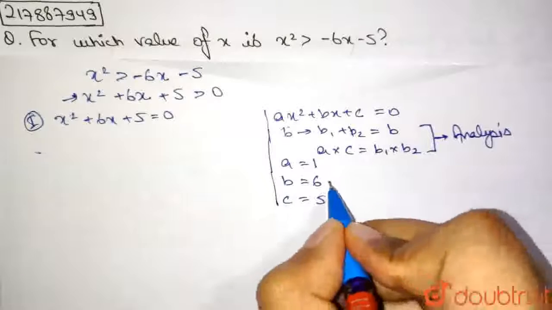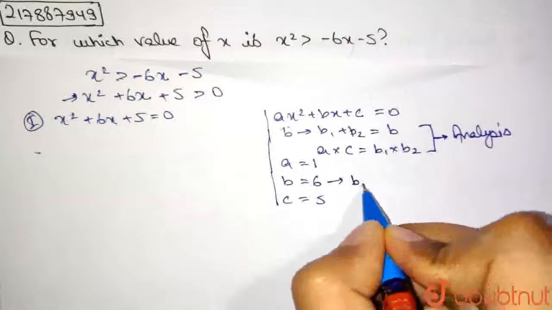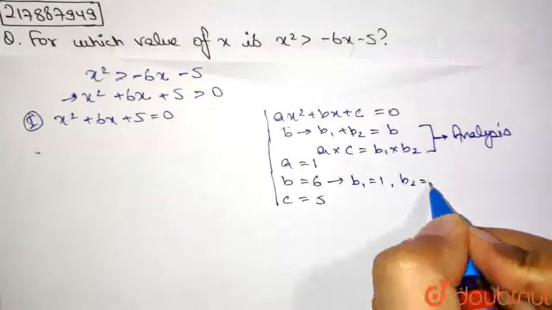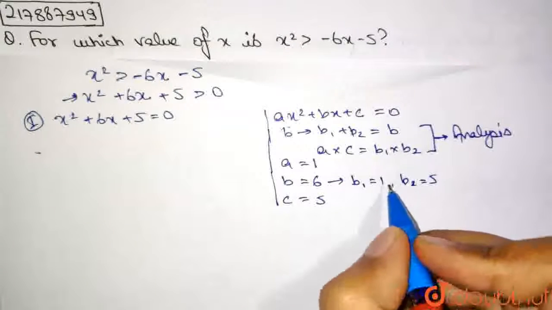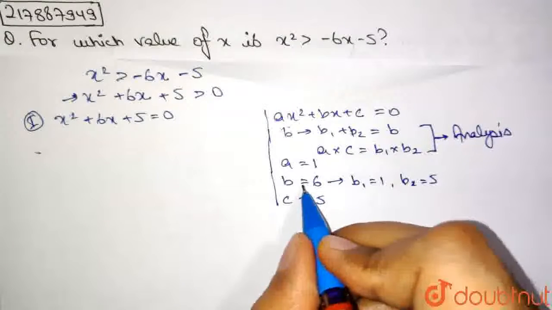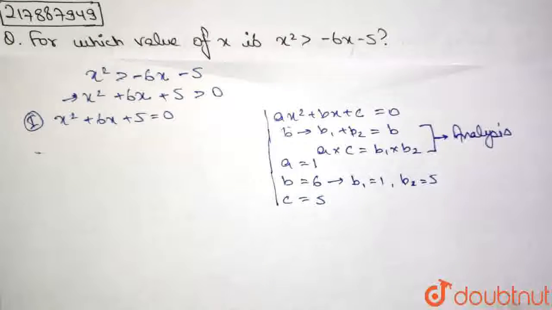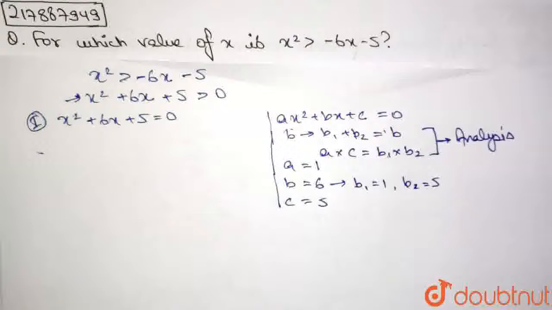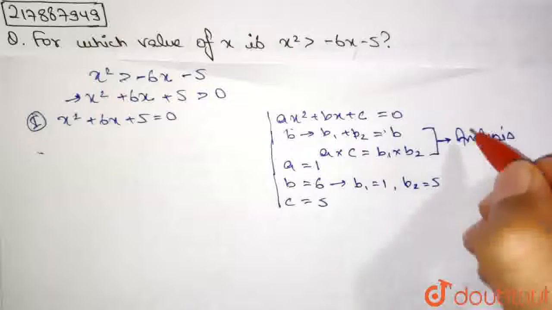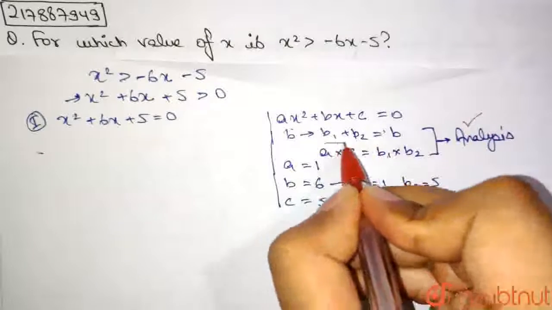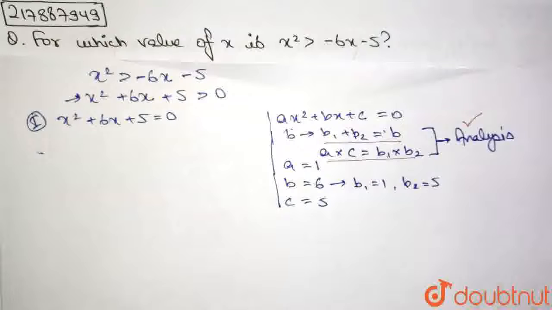Now by analysis, if I break b into b1 as 1 and b2 as 5, I can definitely say that b1 plus b2 is equal to b, and b1 into b2, which is 1 into 5, is equal to a into c, which is also 1 into 5. So both of these conditions are satisfied, right?